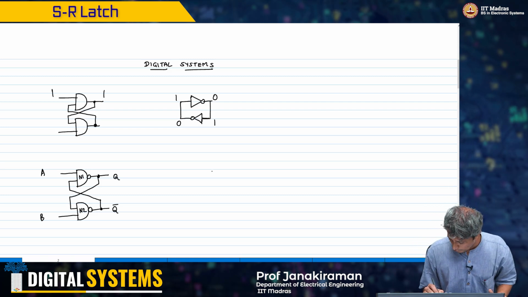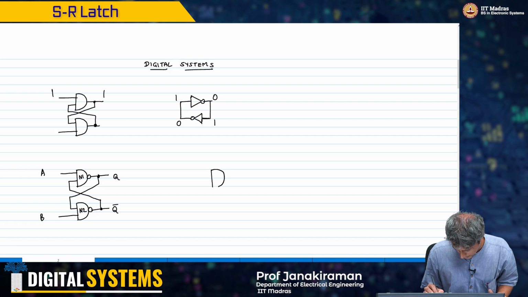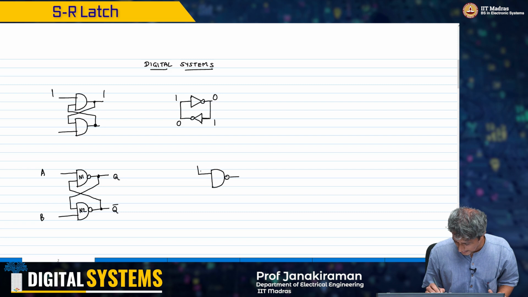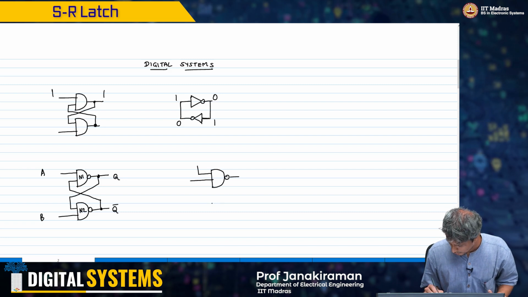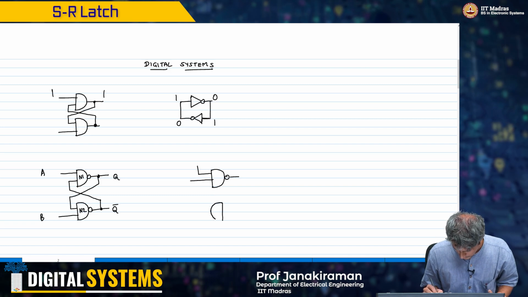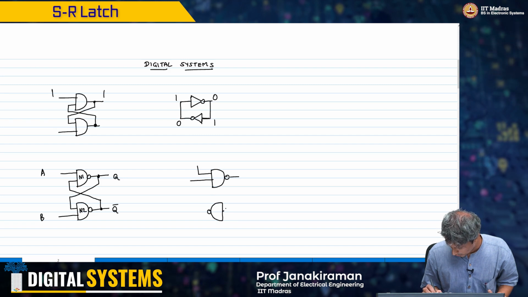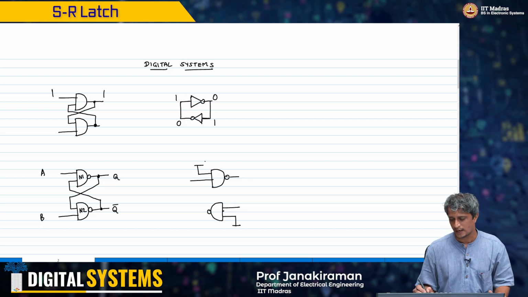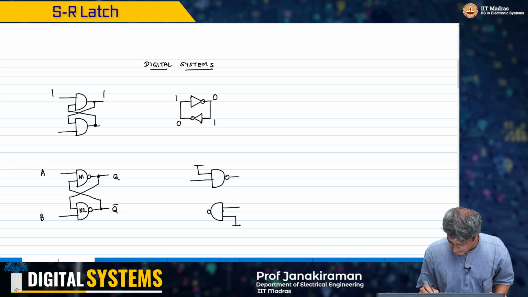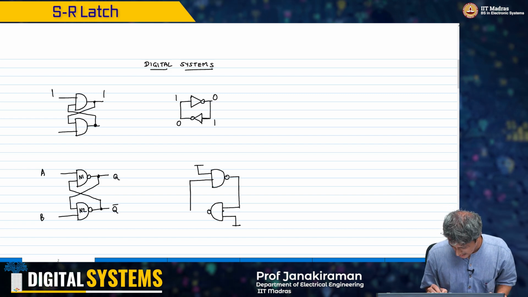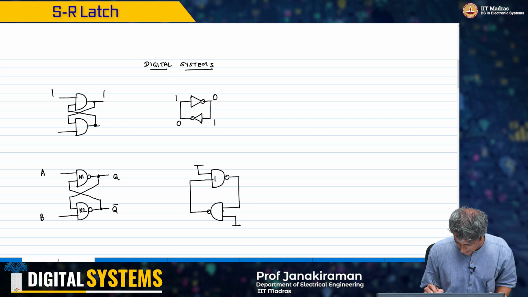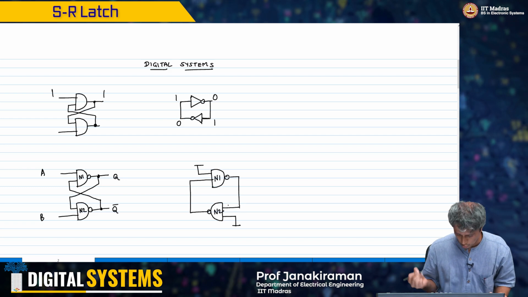So I can redraw it like this, with both inputs connected to VDD. This output is fed as input to this, N1, N2.